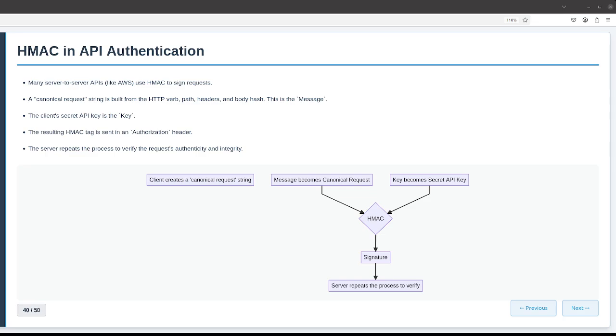This entire string becomes the message for the HMAC calculation. The client signs this canonical request with their secret API key. The server on the other end reconstructs the exact same canonical request string from what it received and computes its own HMAC. If the tags match, the server knows the request is authentic and has not been tampered with.